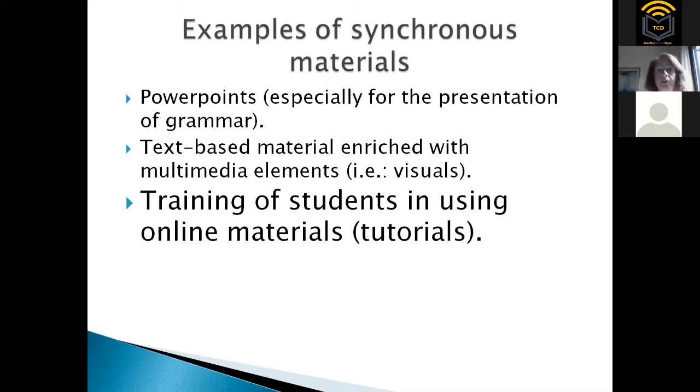They haven't been used to using platforms. So tutorials are of the essence, really. We all have to devote some time to showing them how they can actually navigate through platforms, through all the materials that we have prepared. Unless we do that, there's no point in using them.